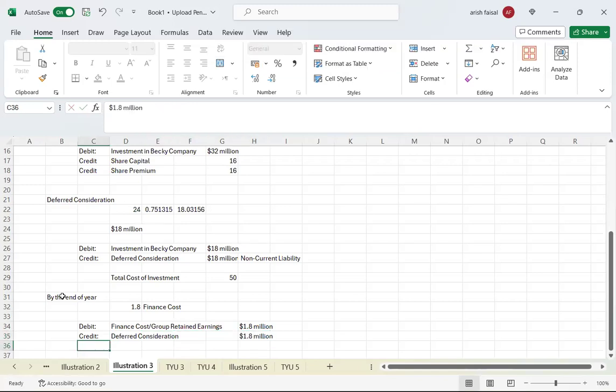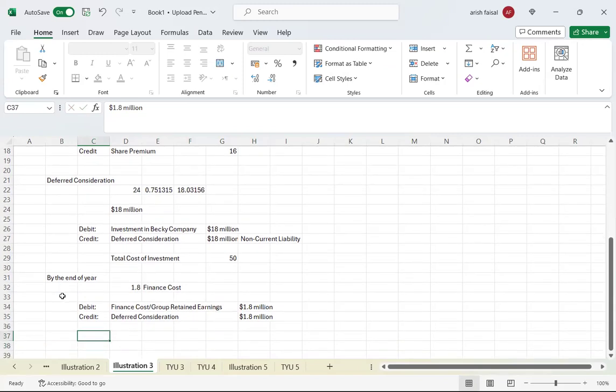So the balance of the liability at the end of the year would be 19.8 million. Okay. 18 million was to be recorded at the start of the year when you purchased the company, and then over the period of the year, you have to record the unwinding of discount, which is considered to be the finance cost. You don't have to reflect it as part of the cost of investment.